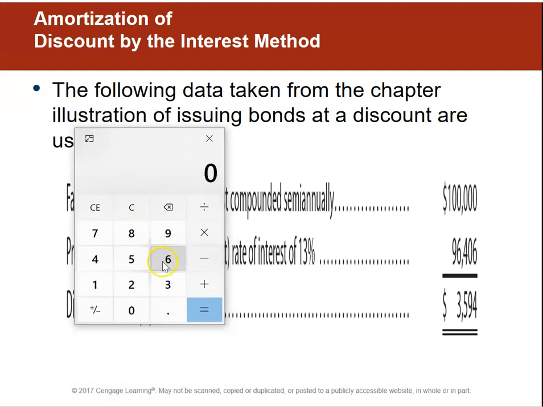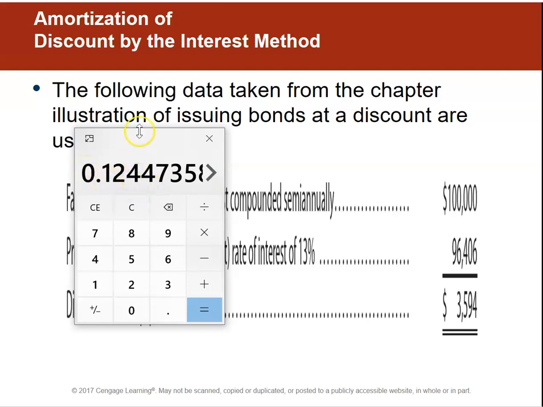Instead, we're going to pay the $6,000. But if we were to divide that by 96,406, the amount of cash that we actually received, let's go back over here. What we find is that we are effectively paying on this 96,406 about 6.2%, and then we're going to double this.